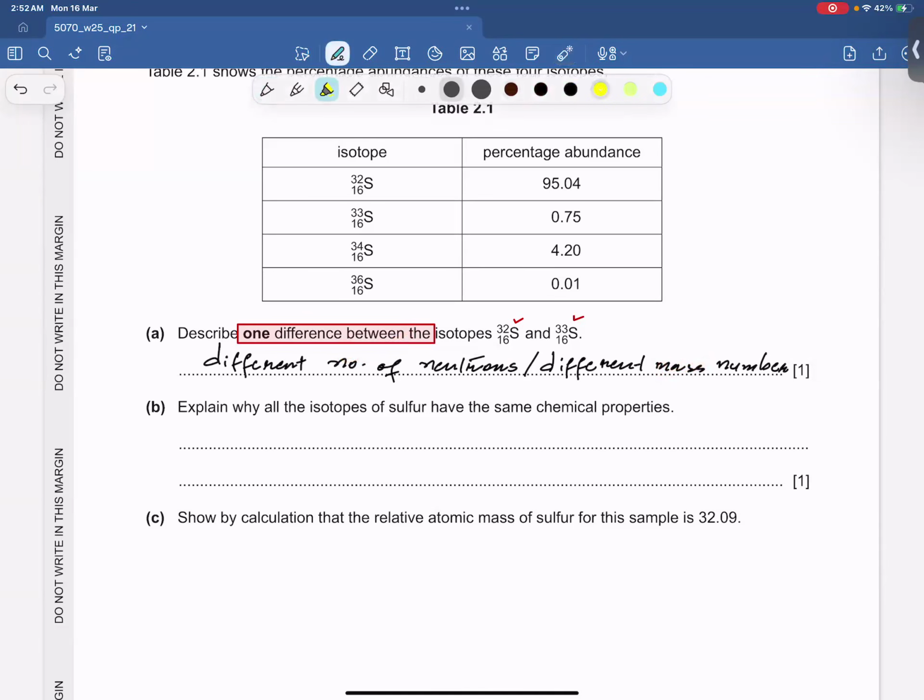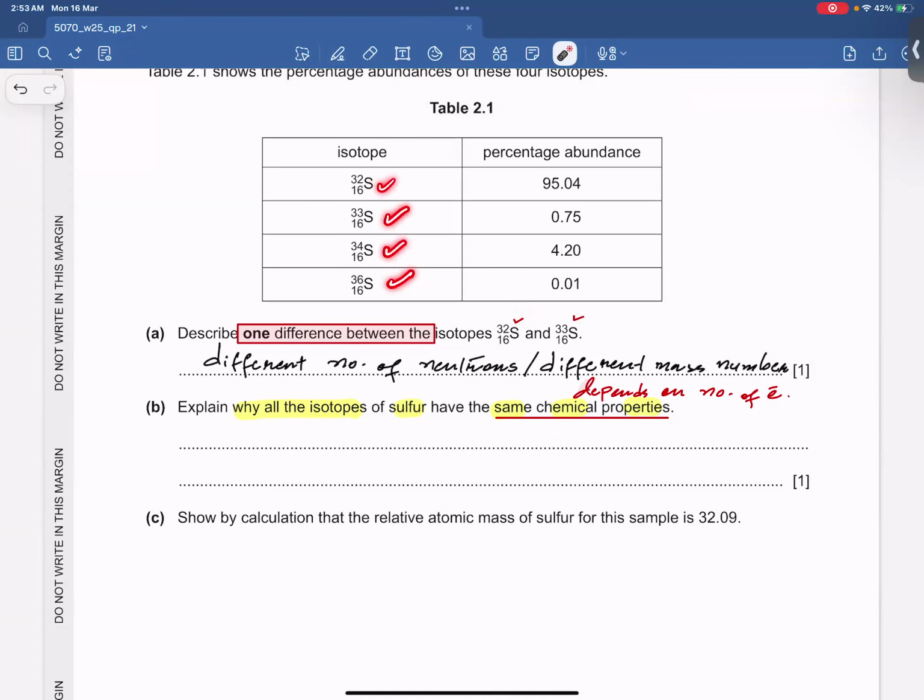Explain why all the isotopes of sulfur have the same chemical properties. By the way, the chemical properties depend on the number of electrons. Since isotopes have the same number of electrons, they have the same chemical properties.